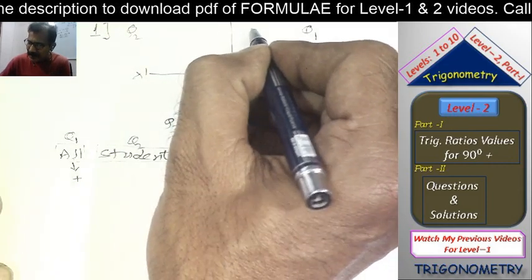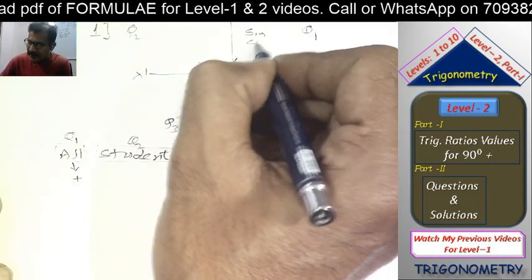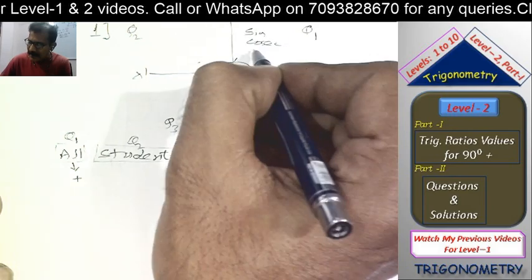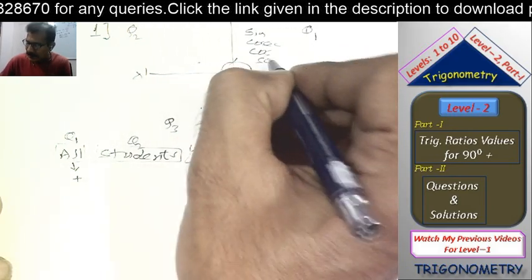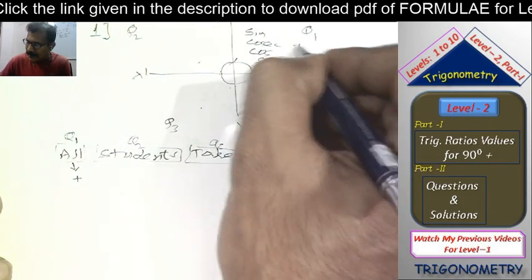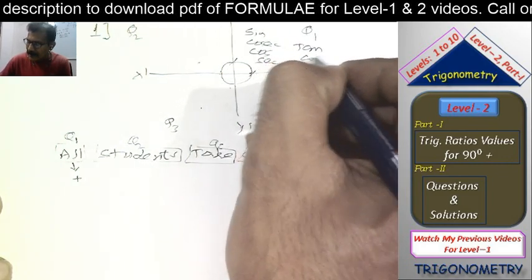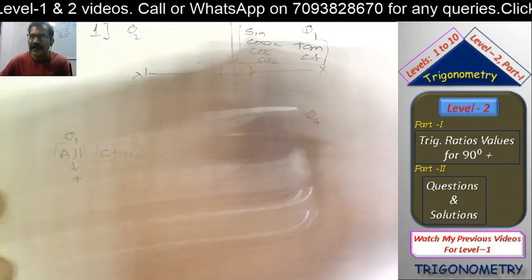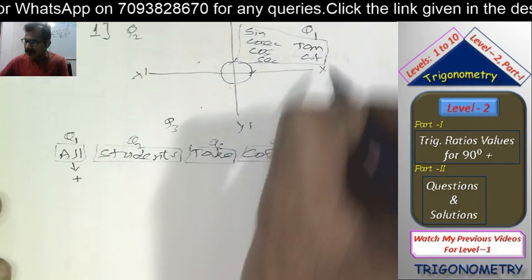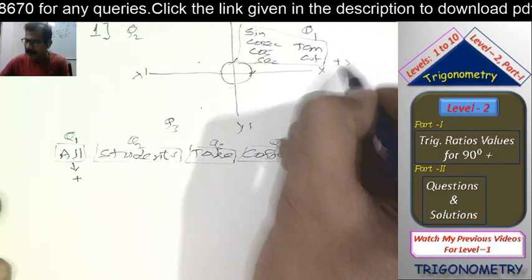Means in first quadrant, sine, cosecant, cos, secant, tan, and cot. All the 6 ratios are positive in quadrant 1. Everything is positive over here in first quadrant.